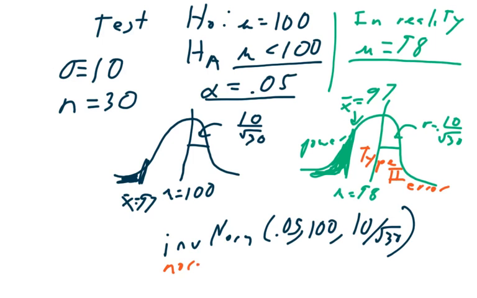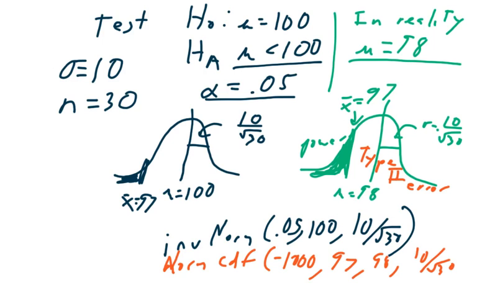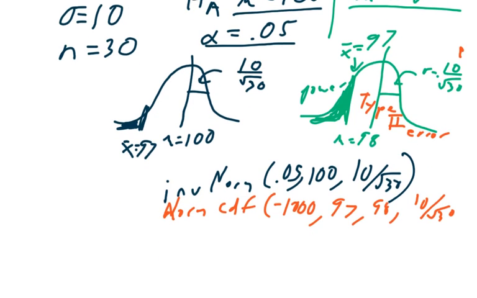So I'm going to do a normal CDF, and it's going to go from a negative big number to 97 with a mean of 98 and a standard deviation of 10 over the square root of 30, and we will find our power for this first one. So we got an answer of 0.291, so my power is about 29.1%, actually 29.2% if I round correctly.